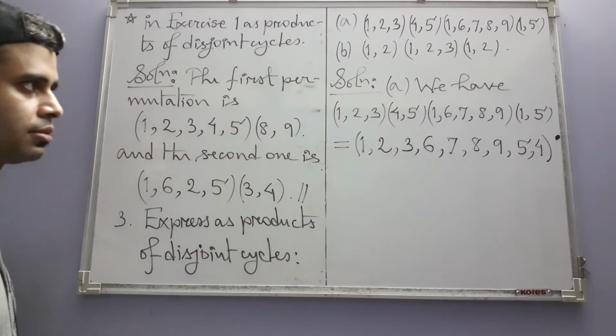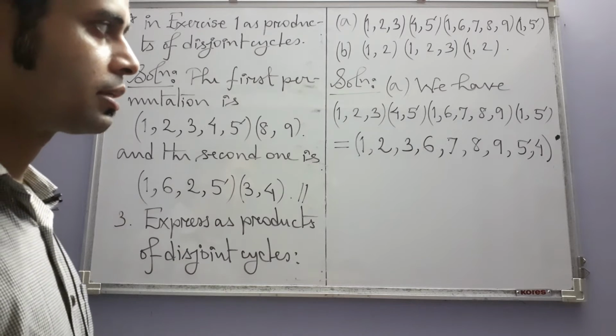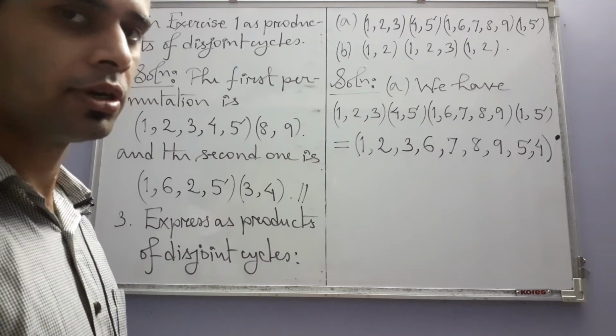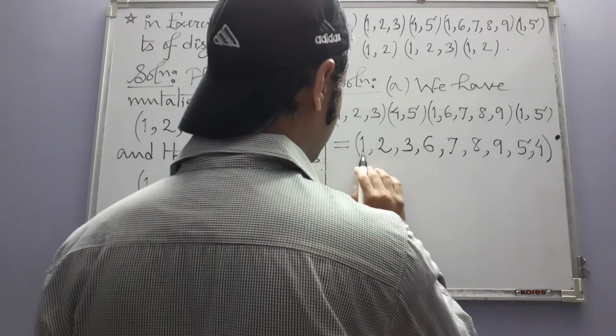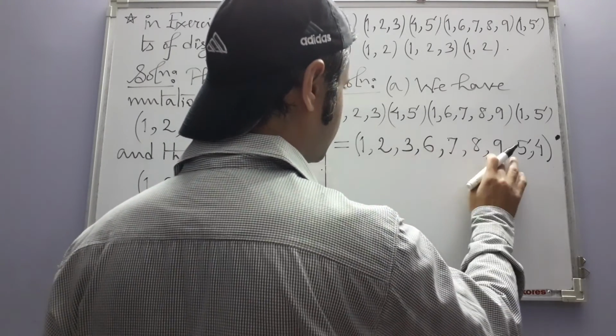So this is the permutation as a product of disjoint cycles. In fact, there is only one single cycle, which is a 9 cycle. 1, 2, 3, 4, 5, 6, 7, 8, 9.